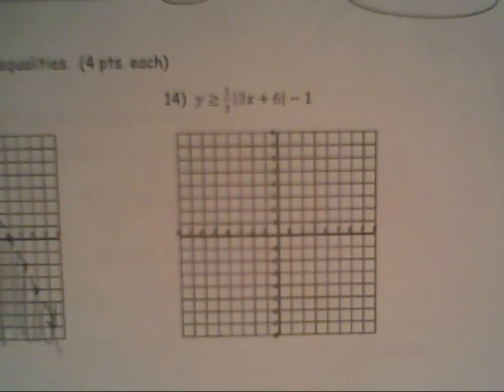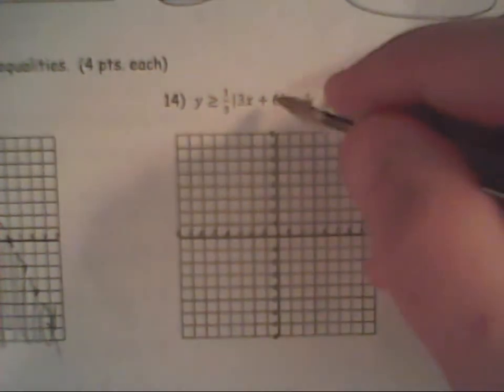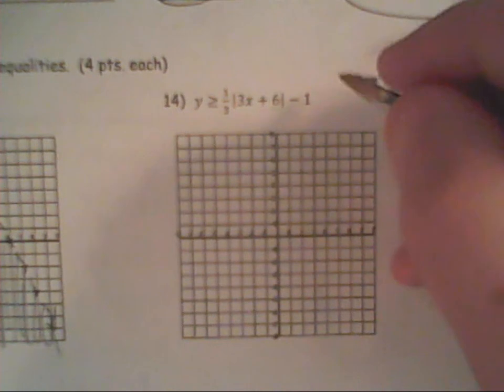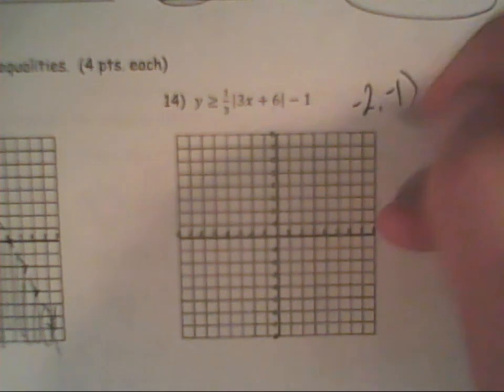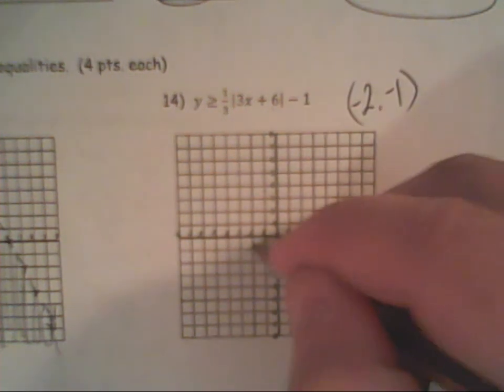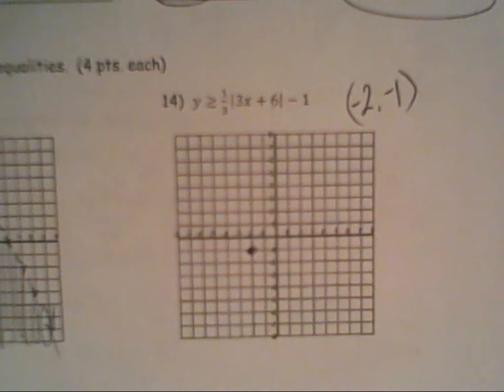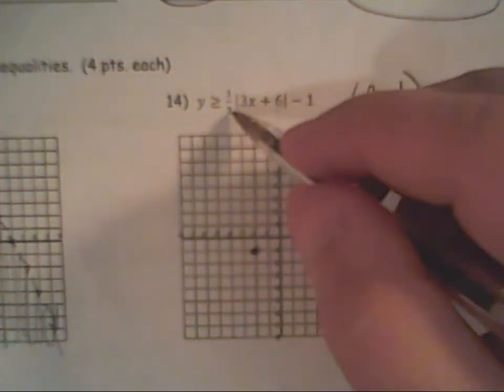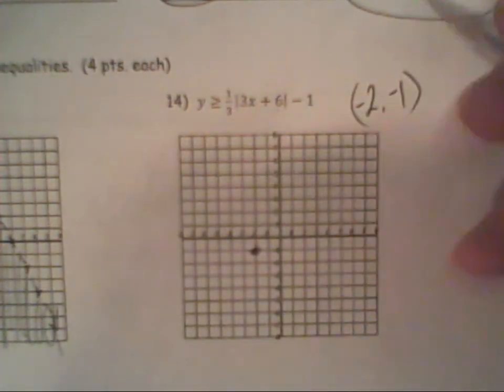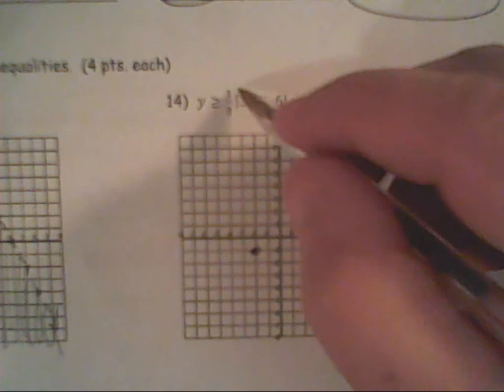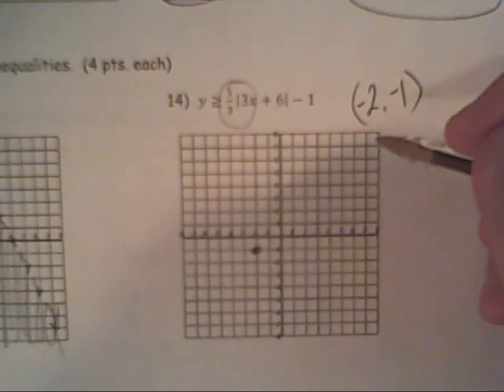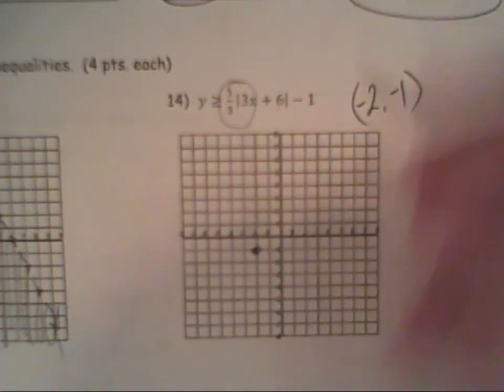These are worth 4 points apiece. And then the last equation, it's going to start off at negative 6 over 3, which is negative 2, negative 1. So negative 2, negative 1 is my vertex. And then this parabola, or this V, opens up because the a value is positive. But if I multiply the a times the m, 1/3 times 3 is 1.